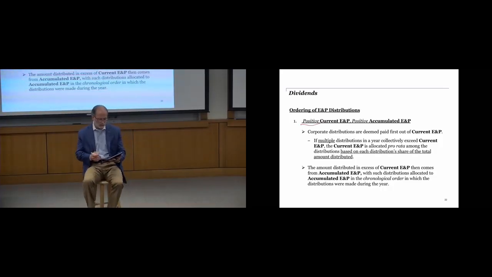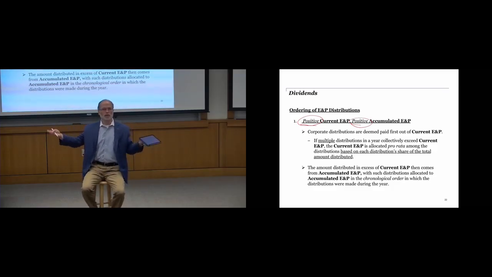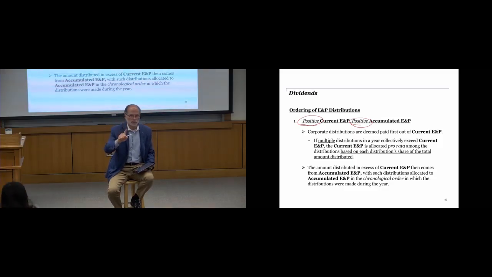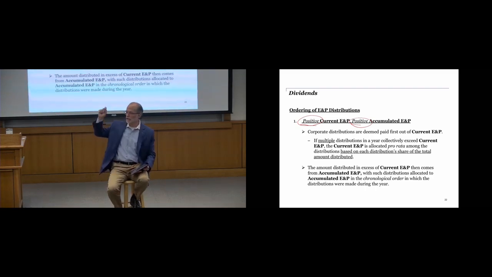So if I'm positive current and positive accumulated, my 2 E&P accounts, right? The current year and then all prior years coming into the current year. First it comes out of current E&P. If I only have a single distribution in the current year, then you get your share of current E&P as your percentage ownership of the corporation.